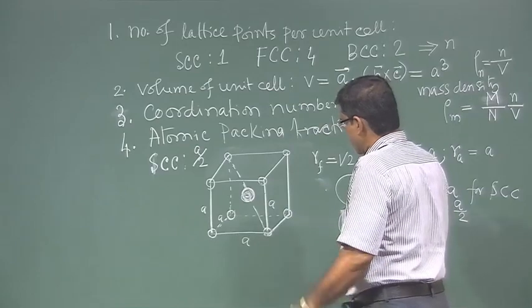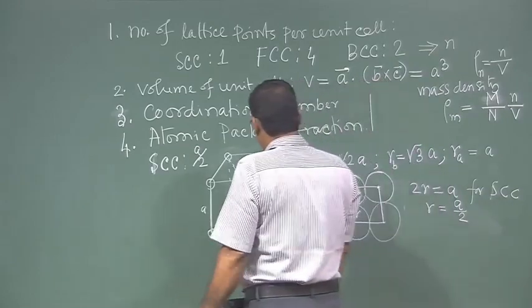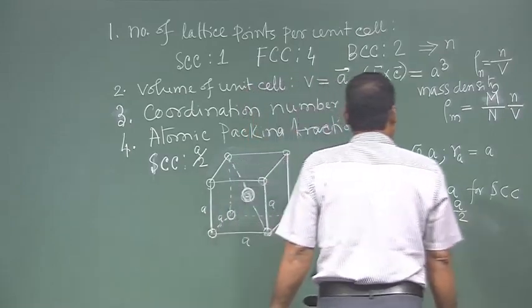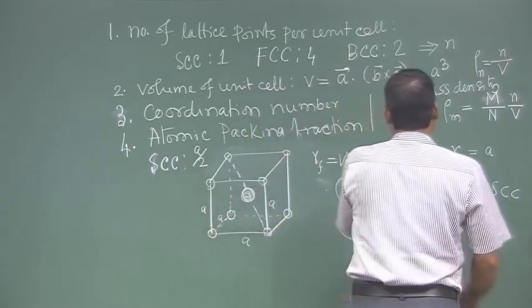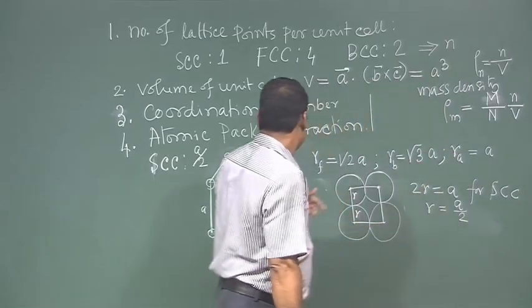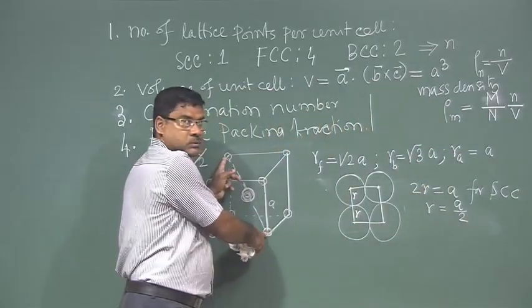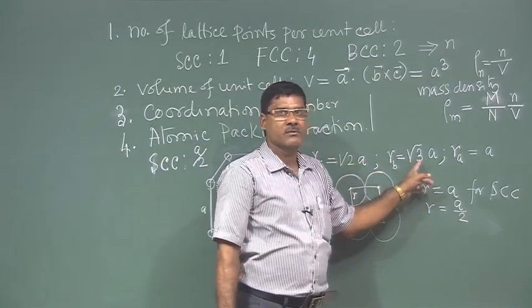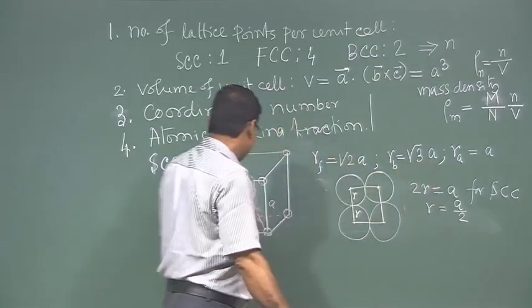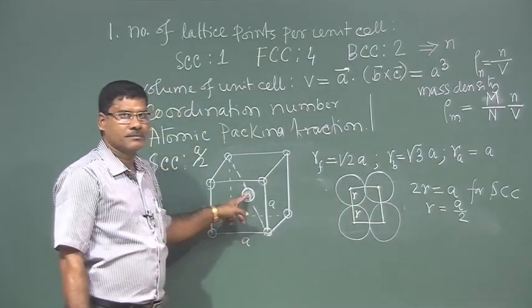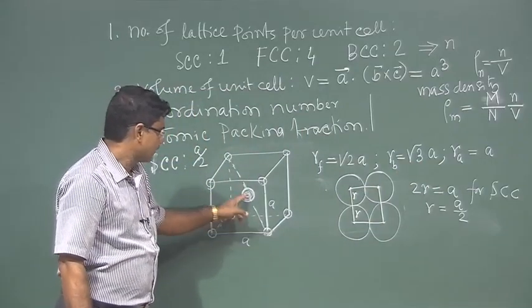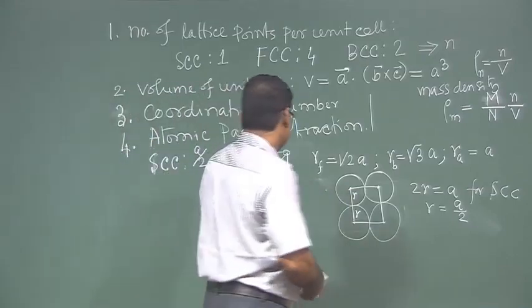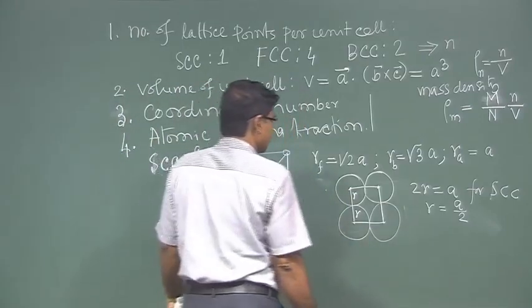Okay. So in case of BCC, the distance between these two atoms, when one atom is in the middle, will be root 3 by 2 a.